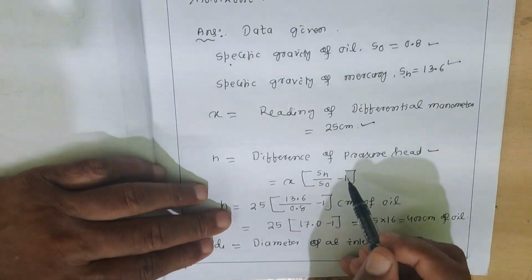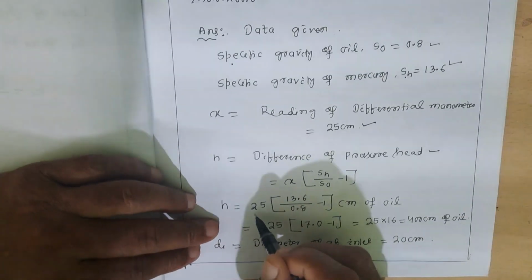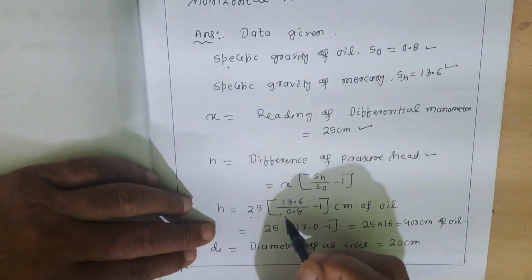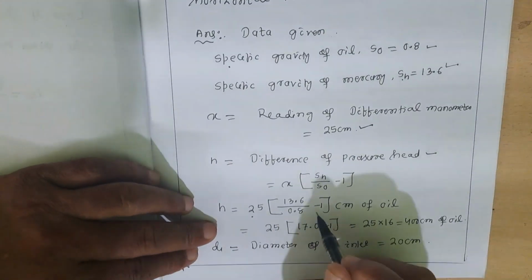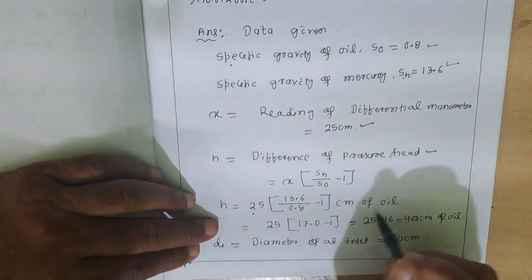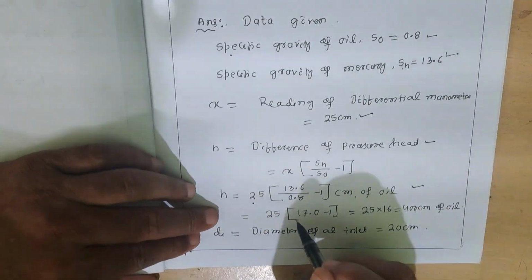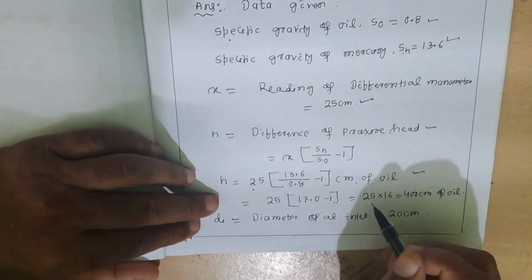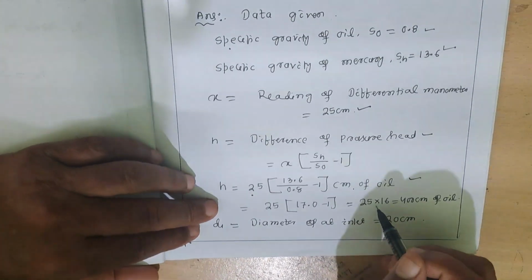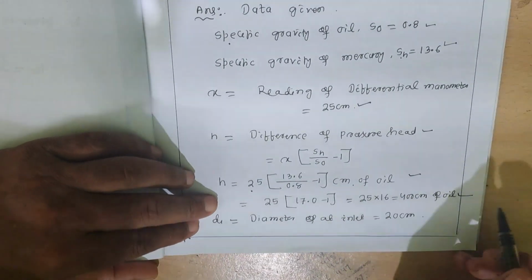After putting the values, we have H is equal to 25 within bracket 13.6 divided by 0.8 minus 1 centimeter of oil, is equal to 25 into (17 minus 1), is equal to 25 into 16, is equal to 400 centimeter of oil.